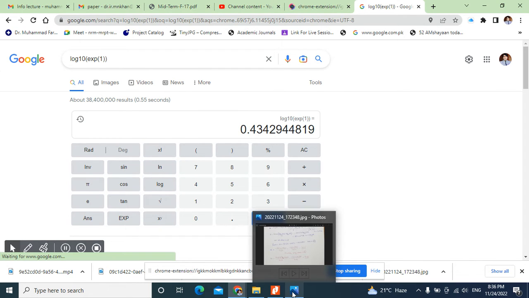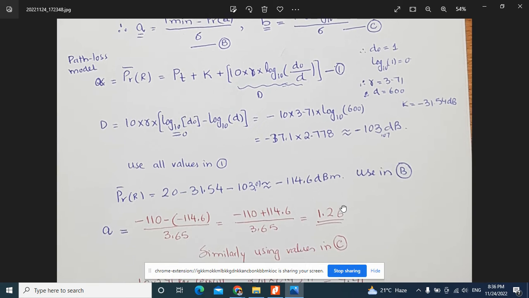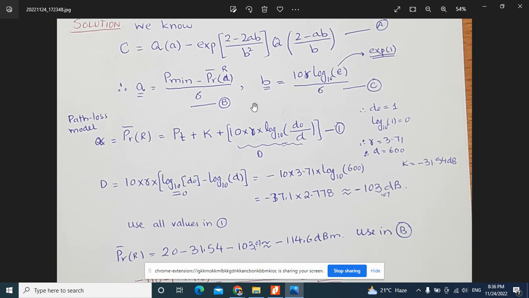You can directly use this value here, and then divide it by 3.65. The answer is 4.41. So you have calculated the unknown parameters for equation A and for equation B.